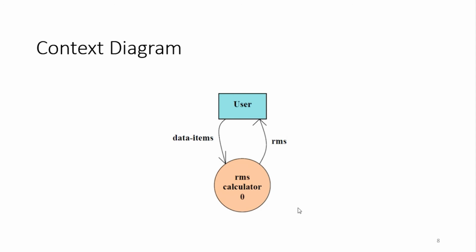From the user we give the data items as input to our RMS calculator, and from the RMS calculator we are processing something. That detailed processing we will show in the next level of the data flow diagram. Here we just indicate that the RMS, the root mean square of those three numbers received from the user, is given as output back to the user.